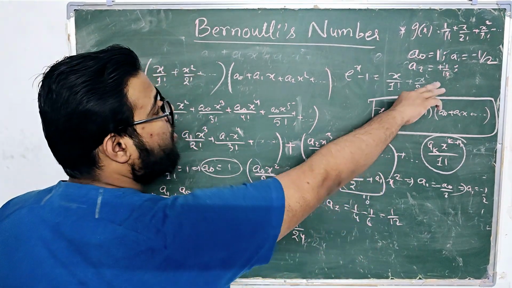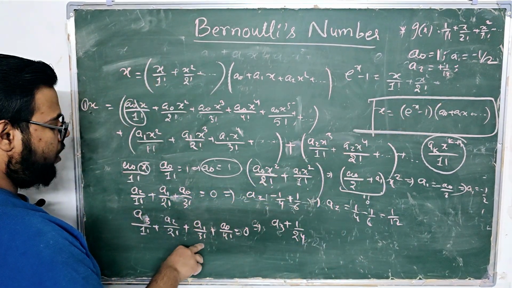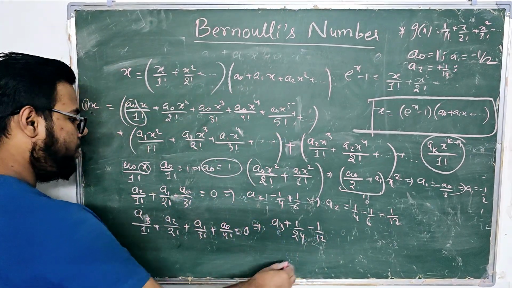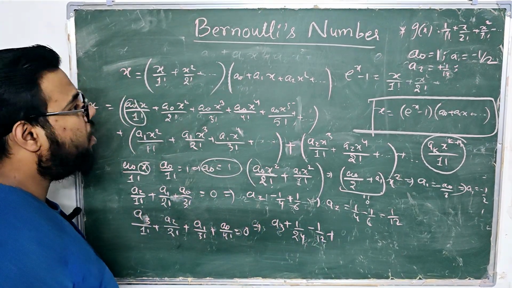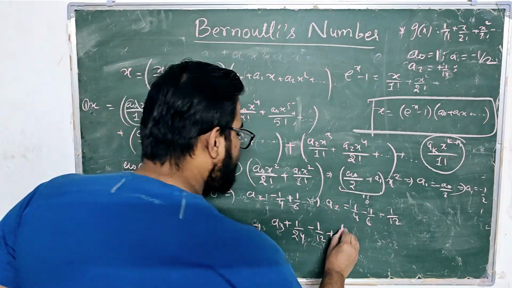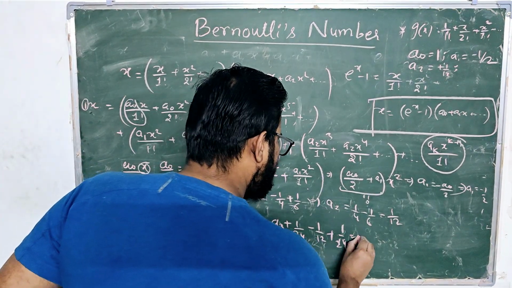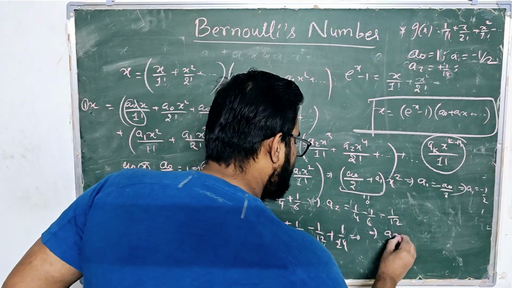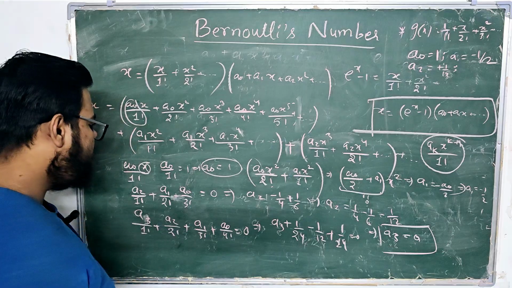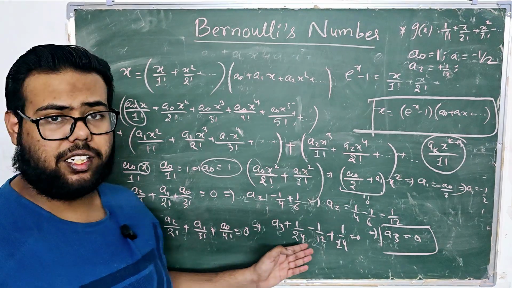Now what is a1? a1 is equal to negative 1 by 2, and over here we have 3 factorial, that is 6. So minus 1 by 12, right? Plus what is a0? a0 is equal to 1. So 1 by 4 factorial is 1 by 24. Plus 1 by 24 and set it equal to 0, and when you solve you get a3 is equal to 0. Correct?